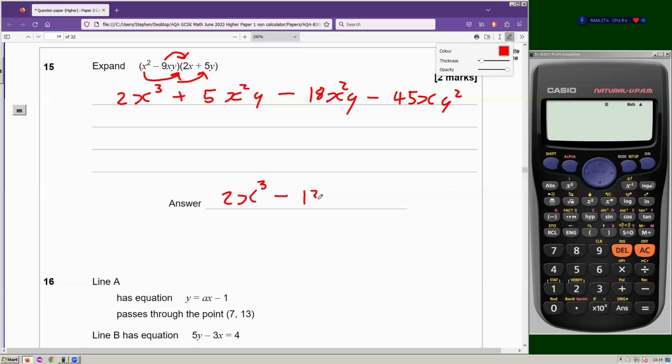Minus 13x squared y, and that is the only term in xy squared, so minus 45xy squared. Okay, 2 marks for that.